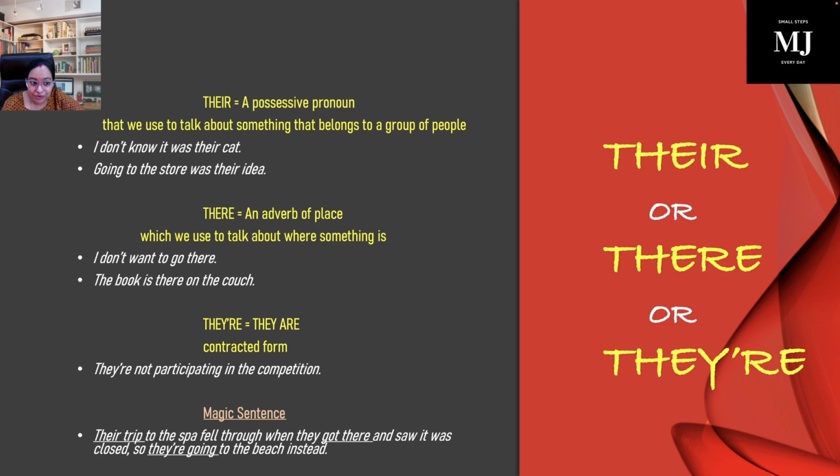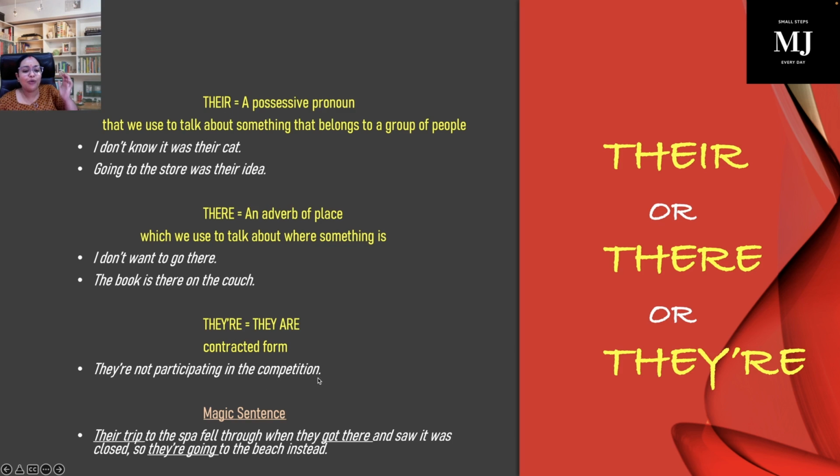That is why people get confused with this there, and this contraction is actually used only in the spoken form of the language. We never write it. When it comes to the written version, we will always use they are completely and not the contracted form. So this is just for spoken English, but it's confused with there because it is pronounced as there. They're not participating in the competition.